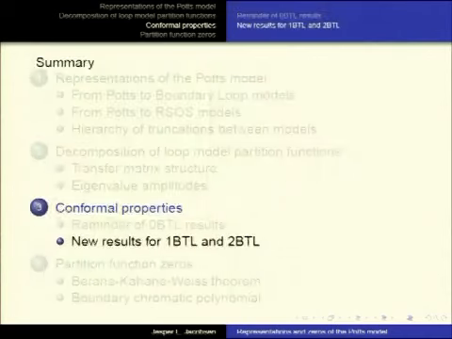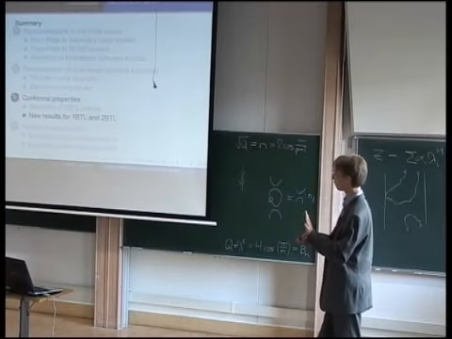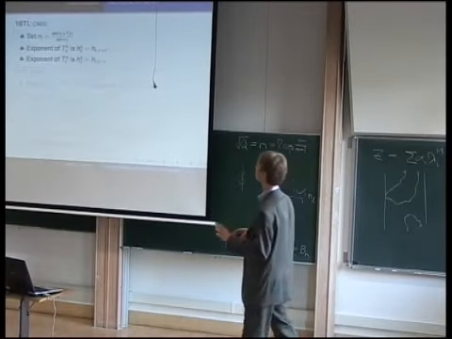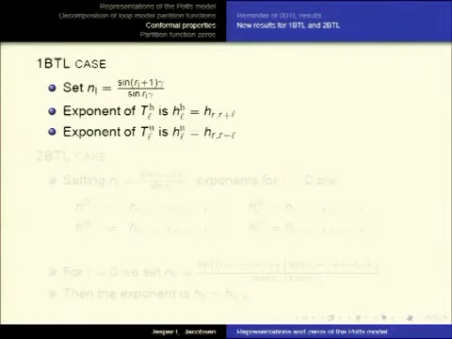Here's just a summary of the same things that we have done for the one-boundary and two-boundary case. There is something going on that I simply don't have the time to explain. It turns out that n_L, the weight for a loop touching the left boundary, should be parameterized in this way, with some r_L.